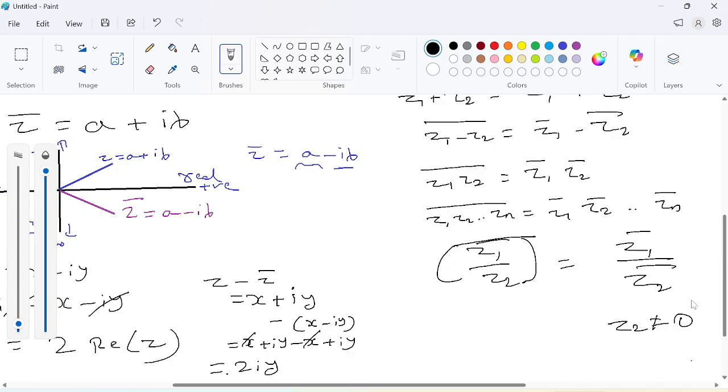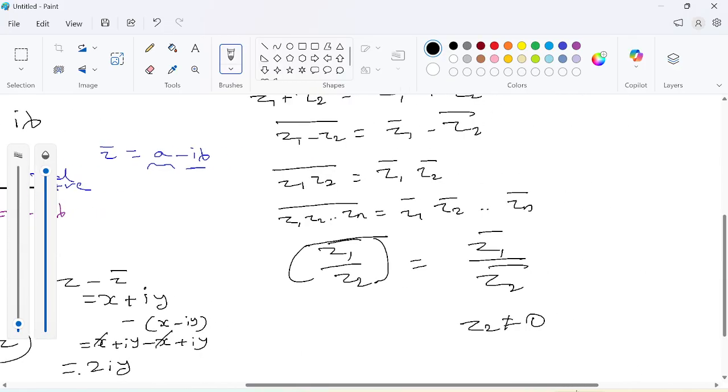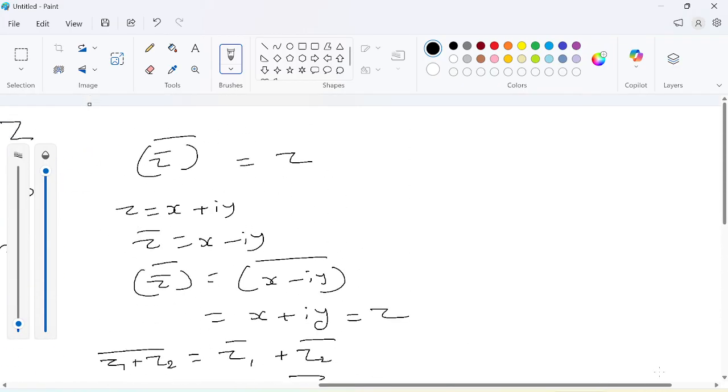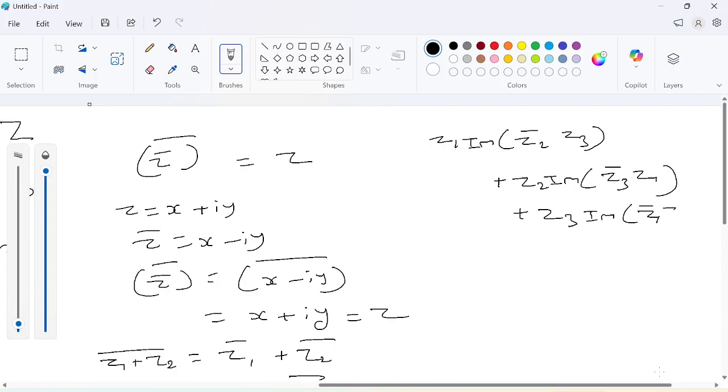Now, just see this. Now we'll go to some examples. We'll see one example. Now I have z1 imaginary of z2 bar z3 plus z2 imaginary of z3 bar z1 plus z3 imaginary of z1 bar z2, where z1, z2, z3 are complex numbers.